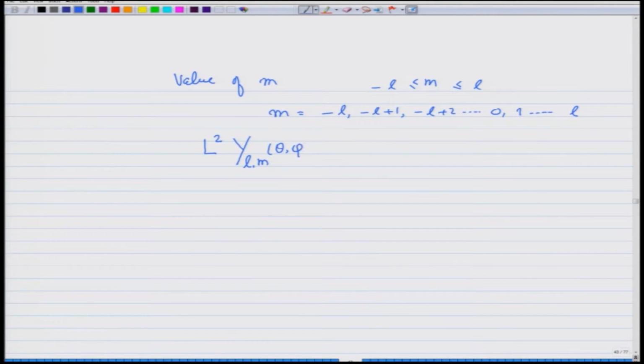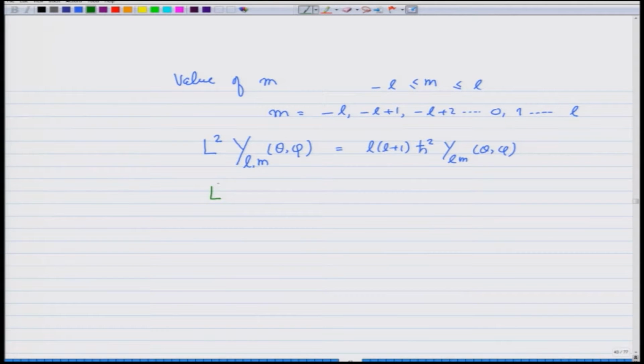L square on Y Lm theta and phi is going to be equal to L plus 1 h cross square Y Lm theta and phi, and as I said earlier, the phi dependence we know because of these functions being simultaneous eigenfunctions of Lz also.